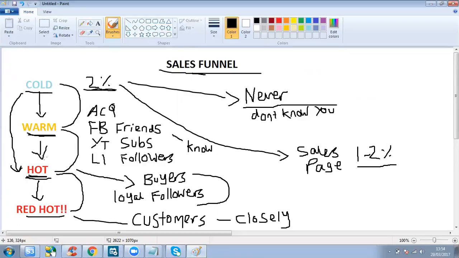So they're following you on YouTube, they're watching every video, like I said, they're commenting on all your posts, they're really engaged with you, then they're going to be hot. Warm is just somebody who knows you, has heard of you, has heard good things about you, but is not yet a hot, loyal follower to you. And cold is just they've never heard of you, they don't know who you are, they probably don't trust you or your product, they're just completely cold.